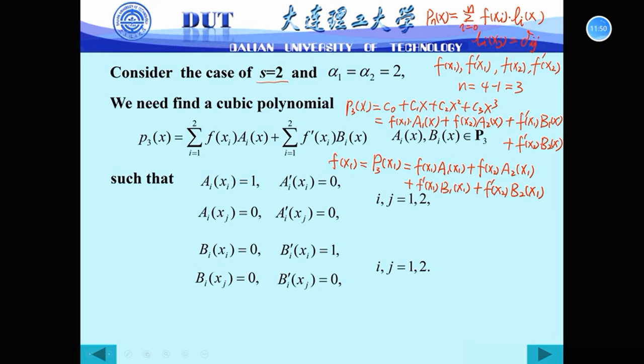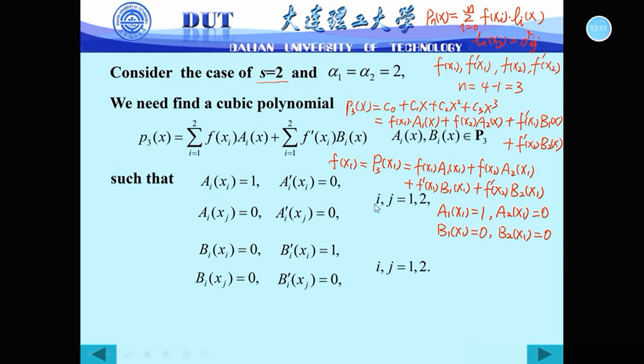So that means we need a1(x1) equal to 1, but a2(x1) equal to 0, and b1(x1) equal to 0, and b2(x1) equal to 0. It's okay?